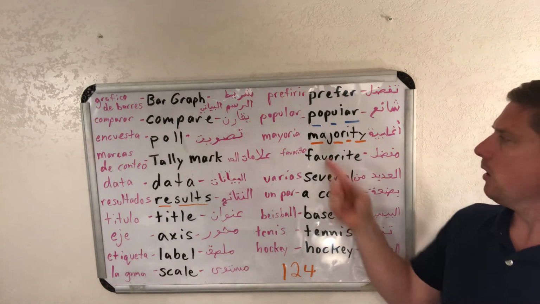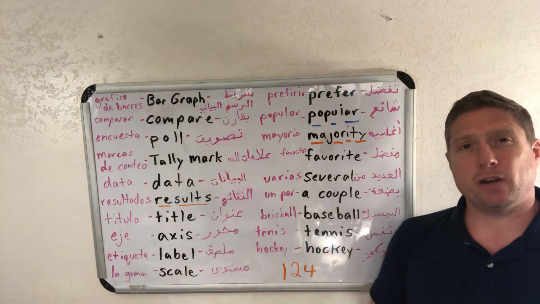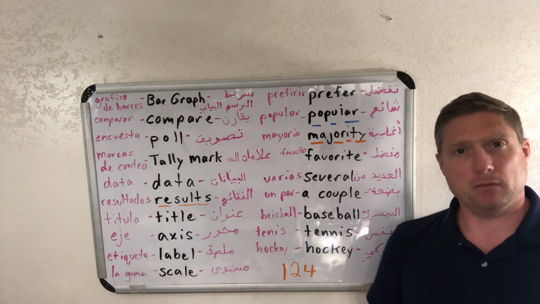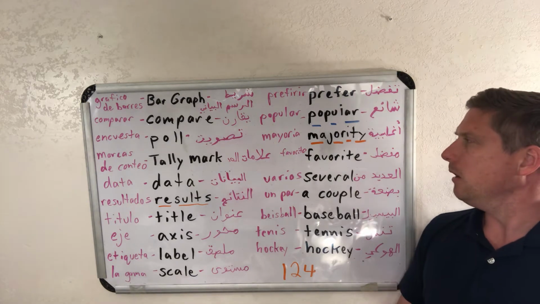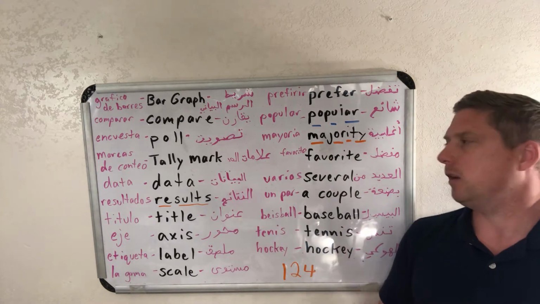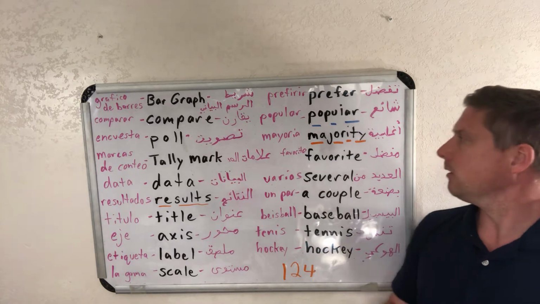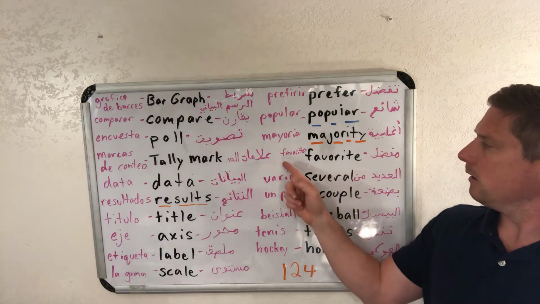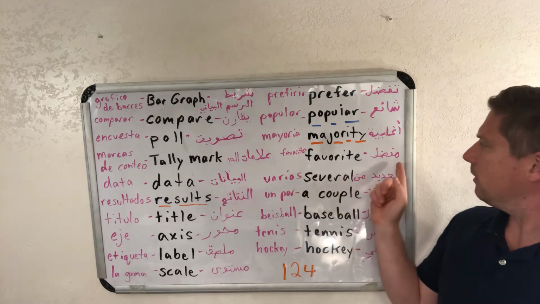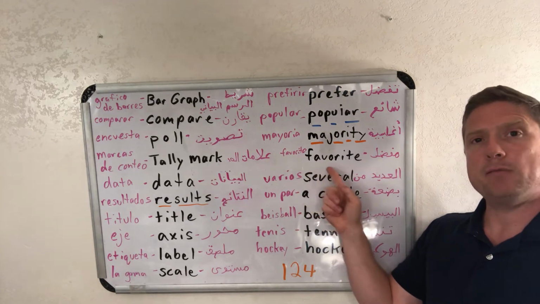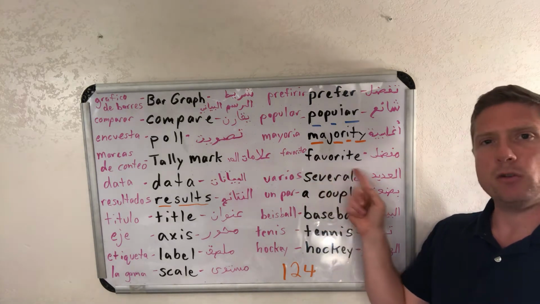Majority. The majority of our class right now, I think, is from Yemen, right? The majority of the students in our class are of Yemeni origin right now. Majority. Favorite. Favorite.